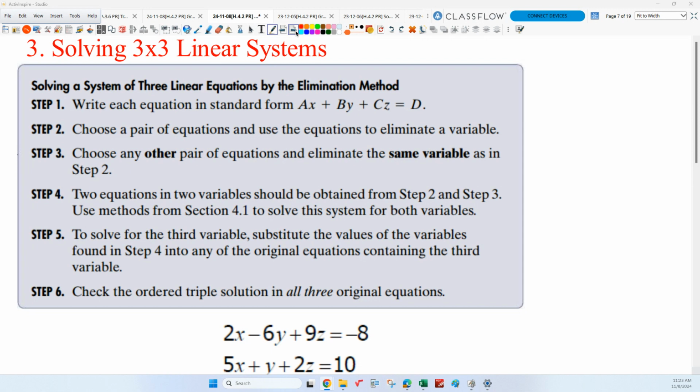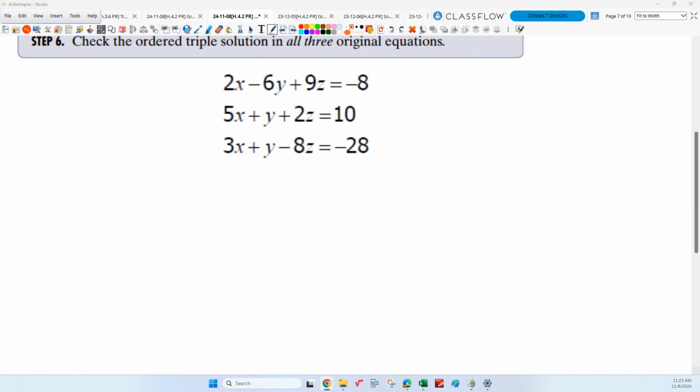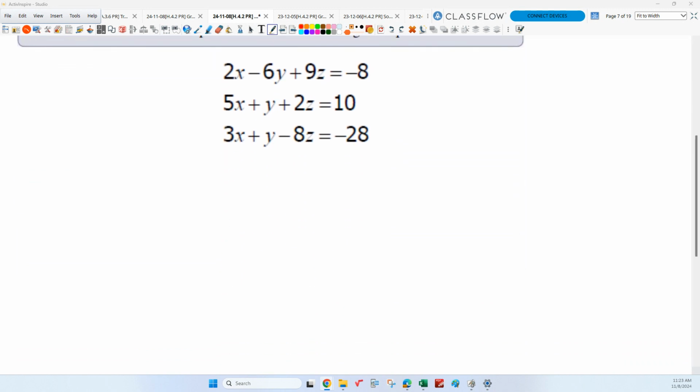So the way we do this is we're going to try to reduce this down to a 2x2 system that we could solve by eliminating the same variable from 2 pairs of equations. And then when we solve that 2x2 system, we'll know the values of 2 of the variables. Then we could plug that into any of the original equations to find the third.